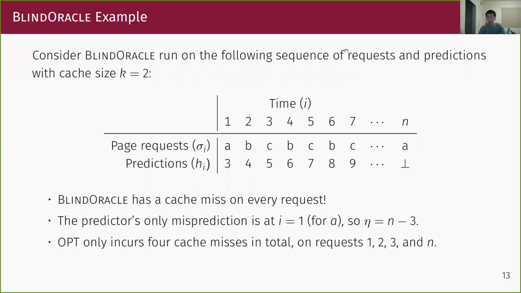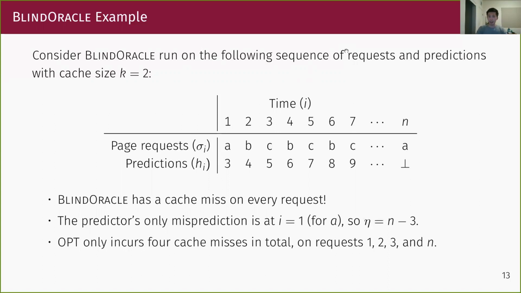However, you can also observe that the error of the predictions is actually not that big. The only mispredicted page arrival is that of the last page, where on the first request, we predict A to arrive at time 3, but instead it arrives at time n. And so the total prediction error is n minus 3. In contrast, the optimal offline algorithm only incurs 4 cache misses in total.